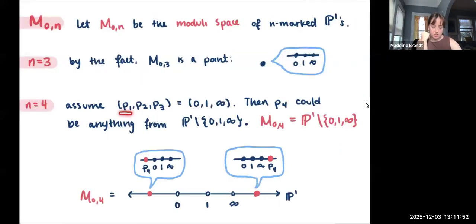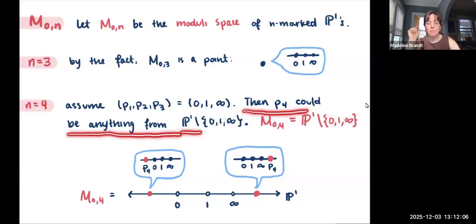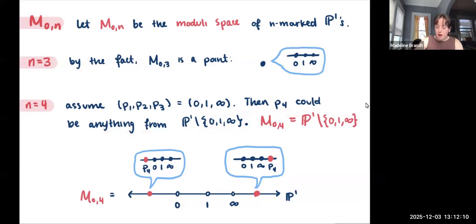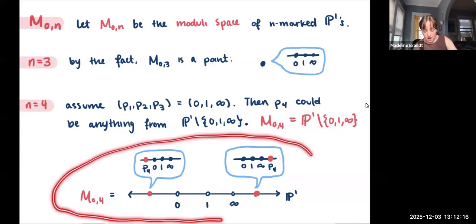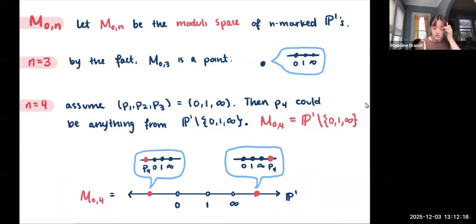again, by the fact, I can start by assuming that the first 3 points are 0, 1, and infinity. And then my choice of P4 can be, so the points have to be distinct, P4 can be anything from P1 minus those 3 points. And so that means that the moduli space is just P1 minus those 3 points. So here's my cartoon of how this looks.